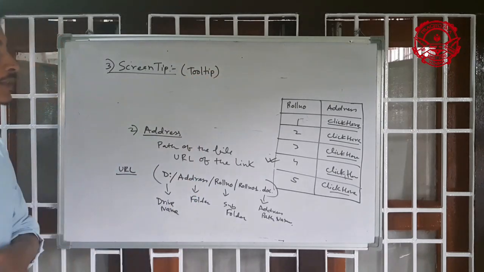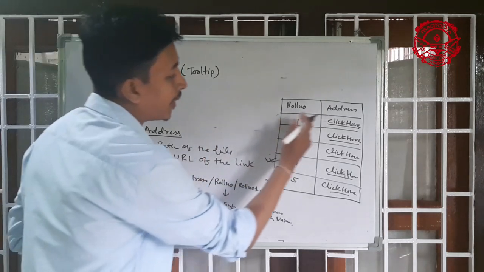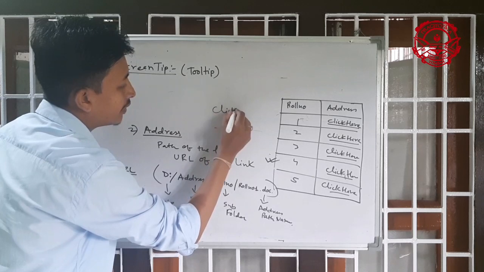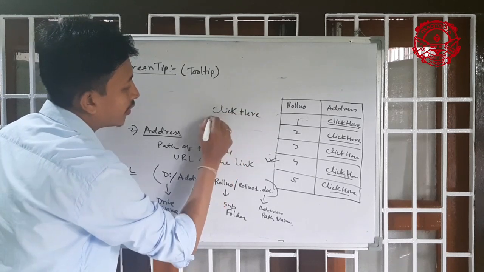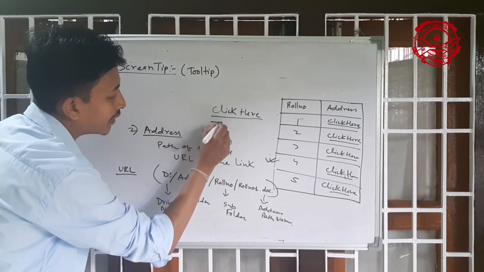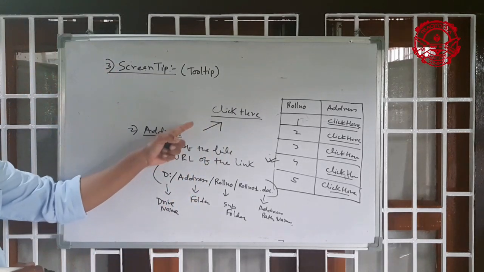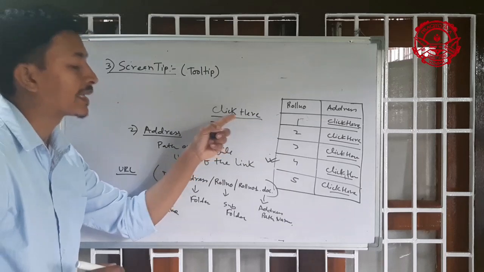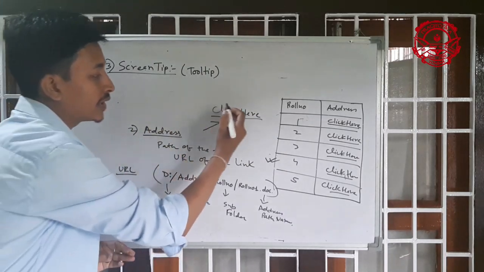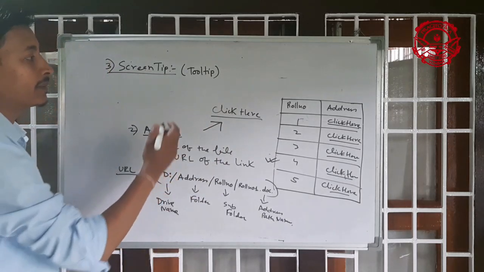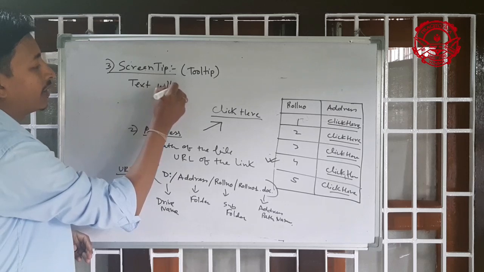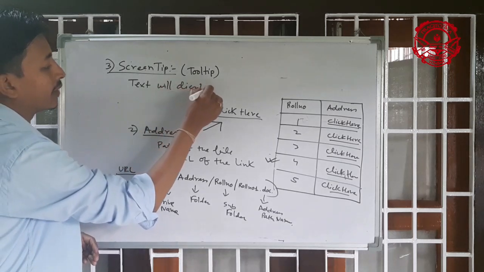Tool tip means what? When you hover the mouse over, for example, the text "click here", meaning when your mouse pointer is over this text, at that time a text will display.